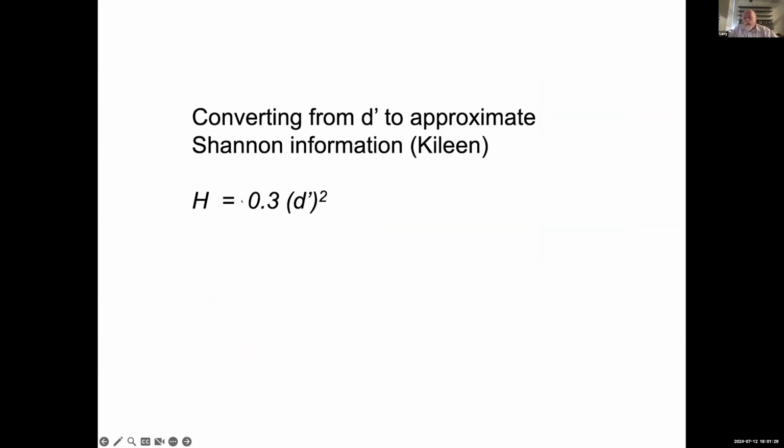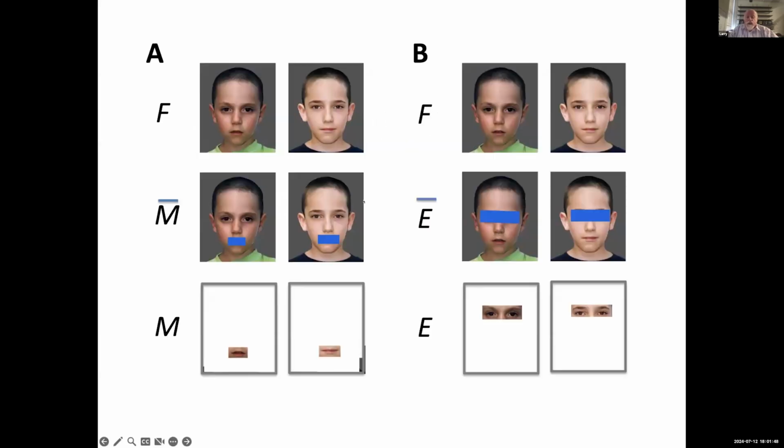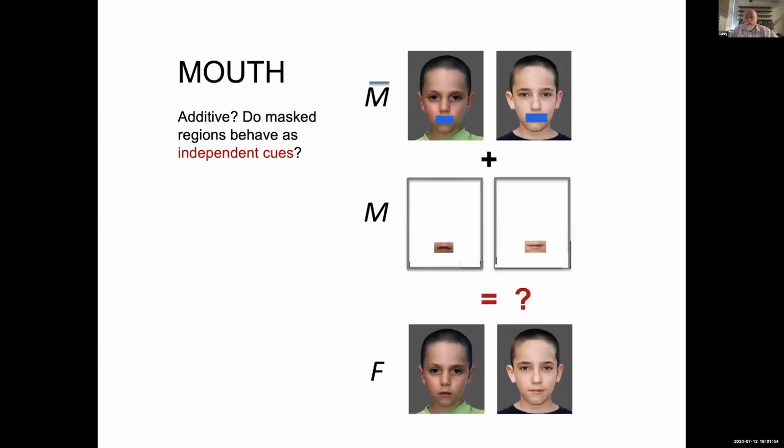And we can check for additivity by converting D prime scores, roughly speaking, to Shannon information. This is an approximation due to Peter Killeen. Okay. So we're going to see if Shannon entropy derived from D primes is additive. And this is what the stimulus conditions look like. We're going to mask the mouth here.